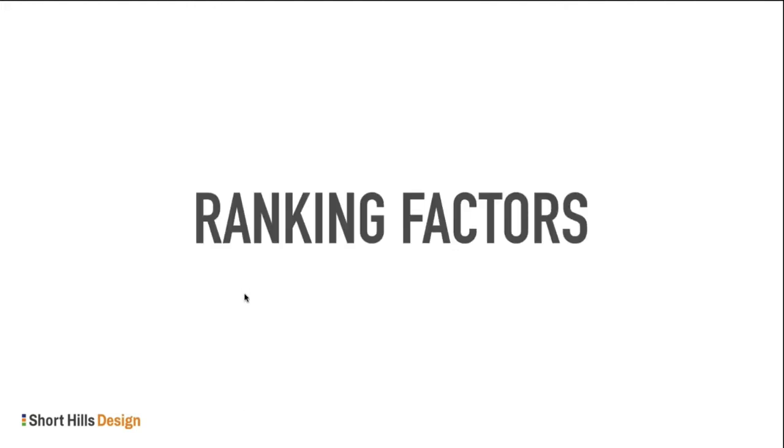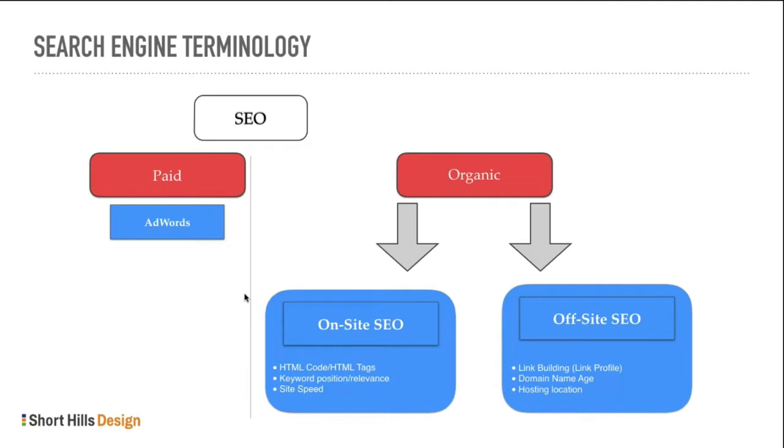So let's go into ranking factors. Actually, let's go back one sec. Again, on-site SEO is how your site was built. When I say that we're going to build you a new website and we're going to build it to Google standards and that your website is SEO ready, that is what I mean. We've structured it in a certain way. I could certainly build you a website that's not SEO ready, meaning it doesn't follow these principles we're going to talk about, what you need to do to make a site Google ready.